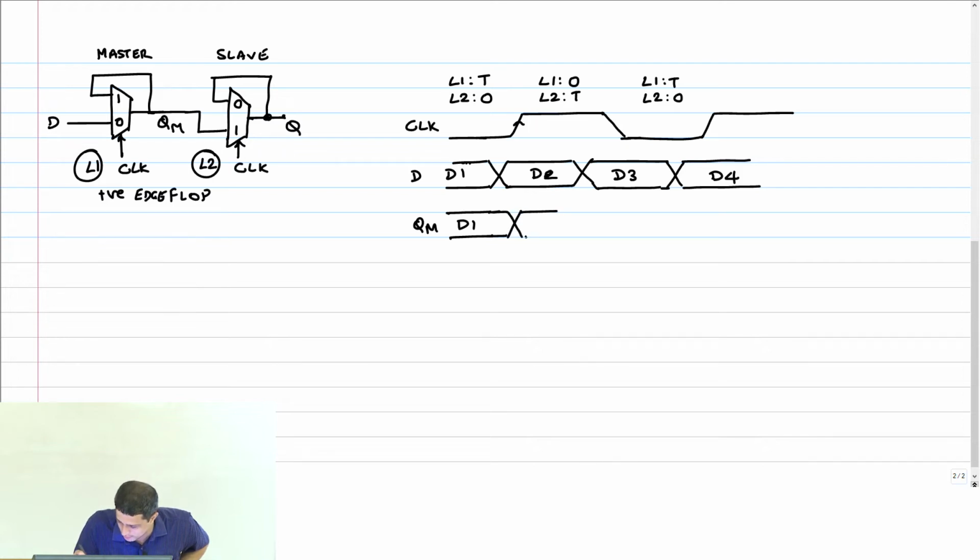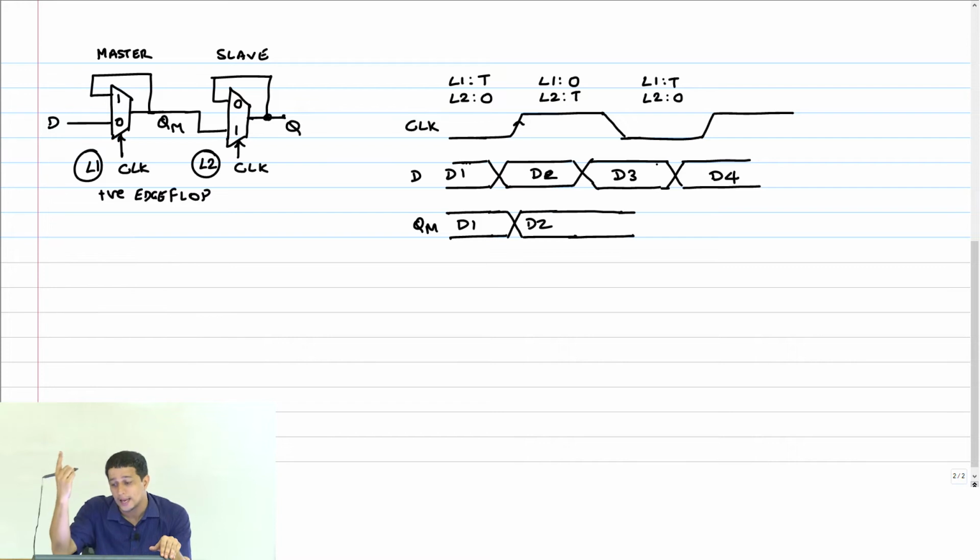I'm just going to make it like this, D2. QM will now change to D2. What happens to the change of D2 to D3 for L1? It will remain, because now L1 has become opaque, right? And therefore it's going to keep D2 all the way until L1 becomes transparent again in the 0 cycle. So therefore here you will see a change to D3.